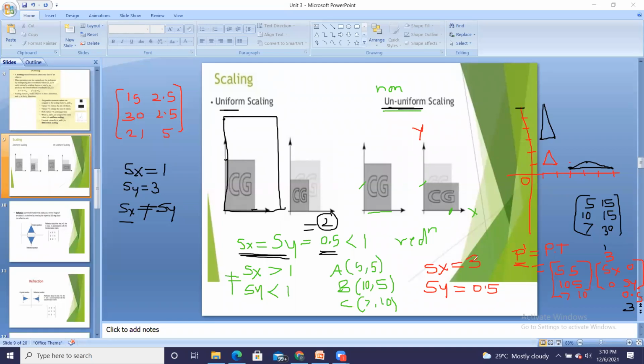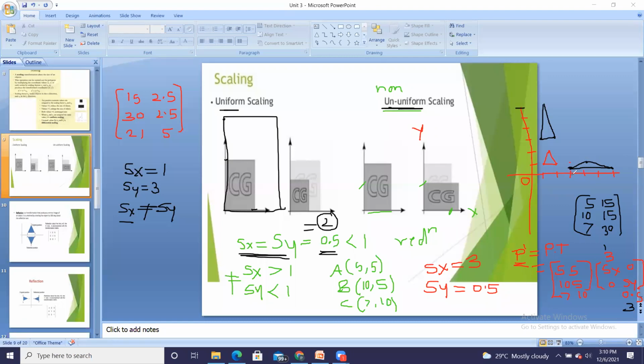Sx इज रिस्पॉन्सिबल फॉर एक्सपान्शन अलॉंग एक्स अँड Sy इज रिस्पॉन्सिबल फॉर कंप्रेशन अलॉंग वाय. मग हे जर मॅच होत नाहीये तर याला कुठलं स्केलिंग म्हणणार? नॉन युनिफॉर्म स्केलिंग. आणि मग Sx आणि Sy च्या व्हॅल्यू इथे पुट करून मी ओरिजिनल ट्रायंगलला मल्टिप्लाय केलं आणि मला रिझल्टंट मिळाला हा. सो रिझल्टंट इज दिस वन, विच इज एक्सपांडिंग इटसेल्फ अलॉंग एक्स, पण हाईट मात्र हाफ झाली. बरोबर, हे झालं पहिलं एक्झाम्पल.